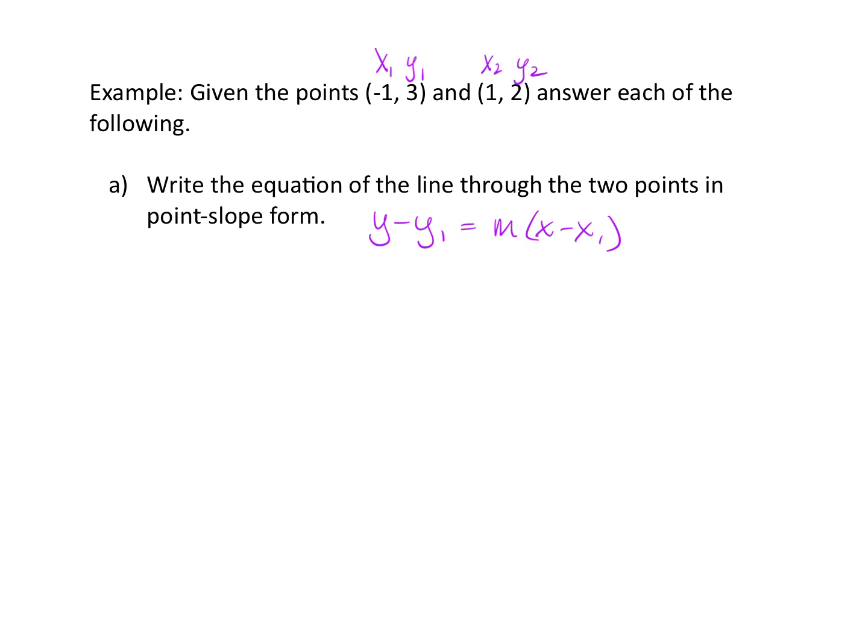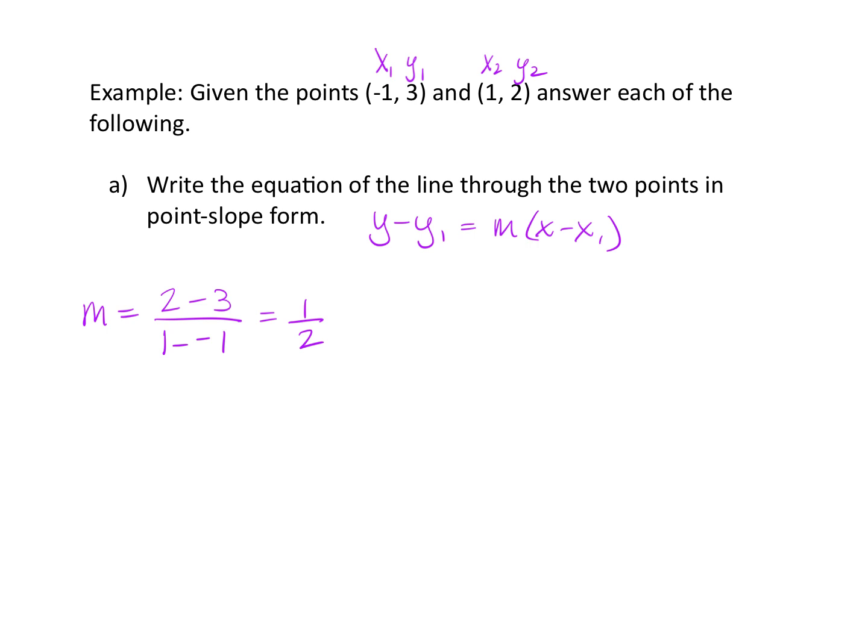It doesn't matter which one you label them. Your x1, y1 can be either point. But either way, the first thing we have to calculate is slope. So the slope of this line is going to be the difference in the y's, 2 minus 3 over 1 minus -1, which is -1 over 2 or -1/2.